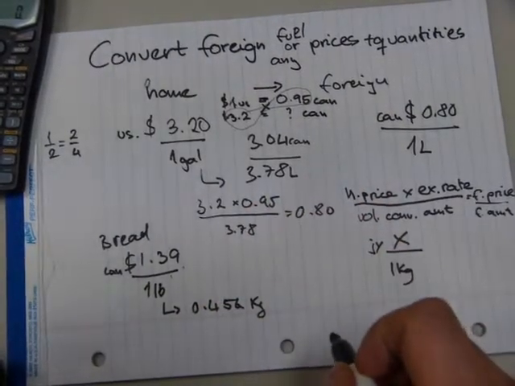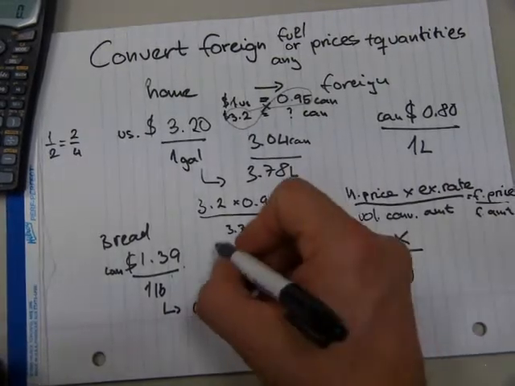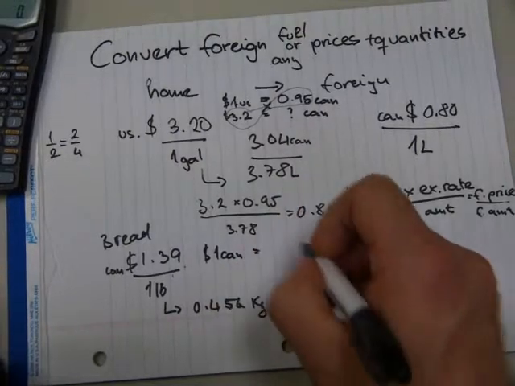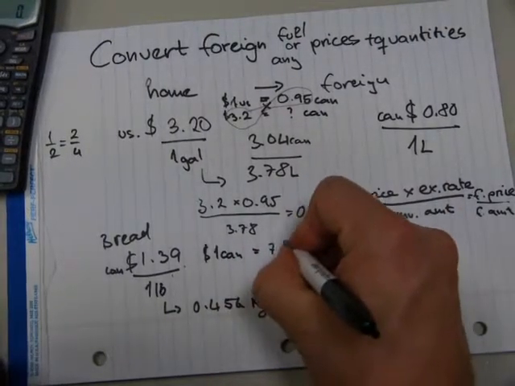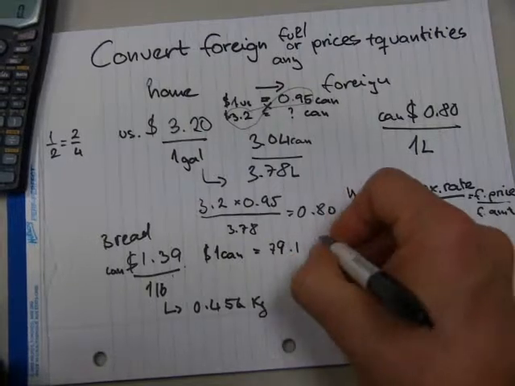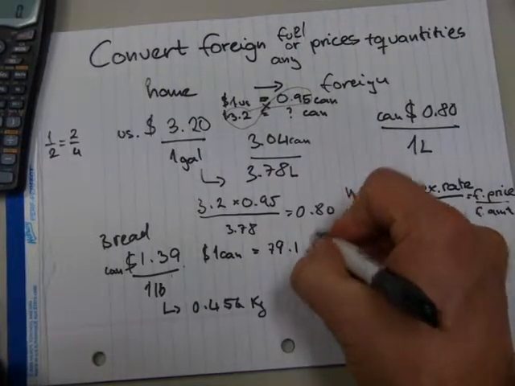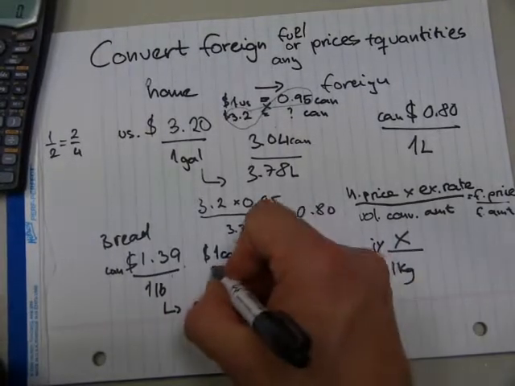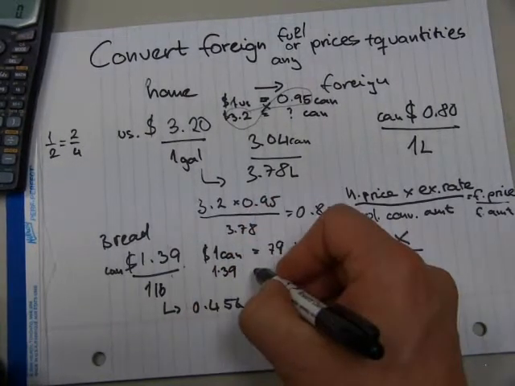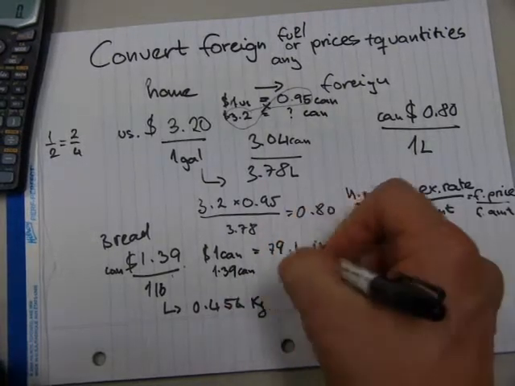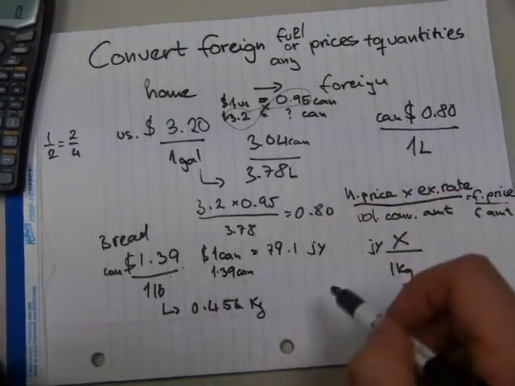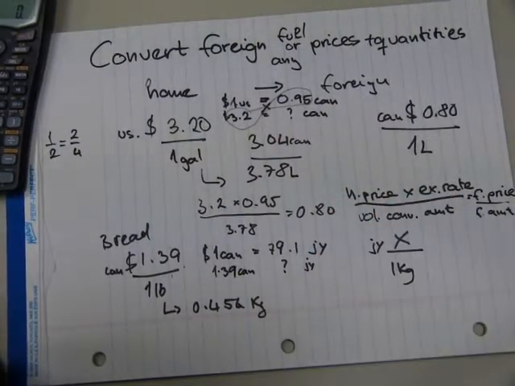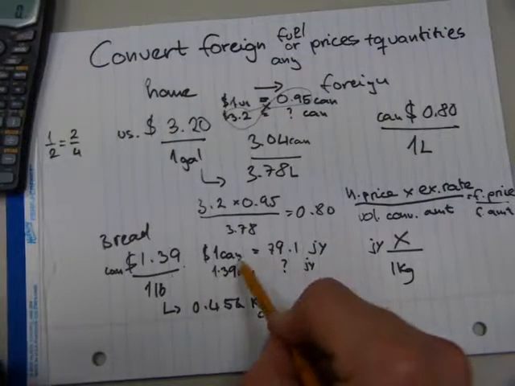We have another currency exchange to do. Say $1 Canadian buys us 79.1 Japanese yen, and if we are spending $1.39 Canadian for the pound loaf of bread, how much is it going to be in terms of Japanese yen? Again, the same thing happens.